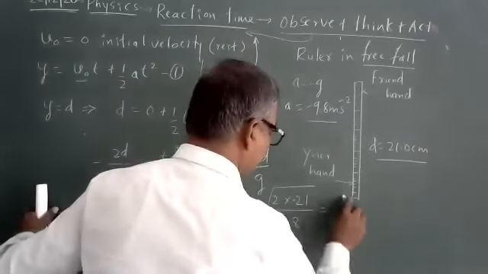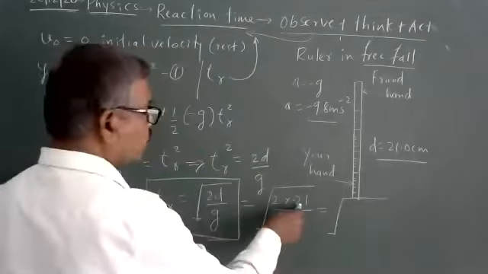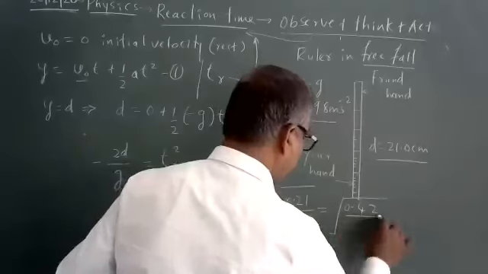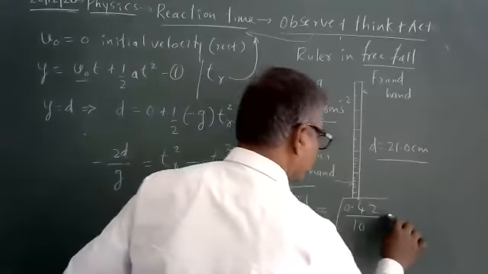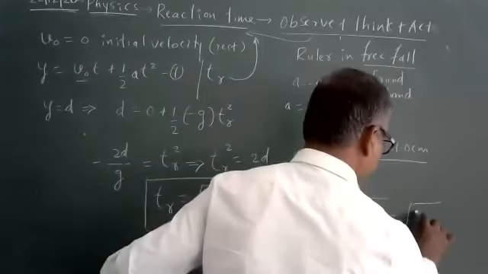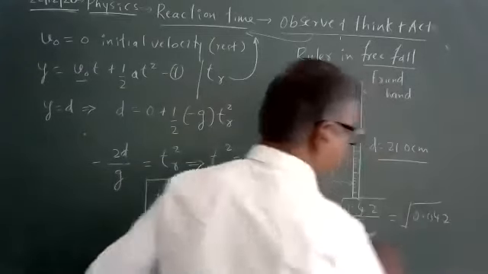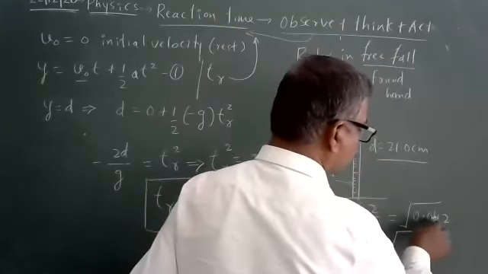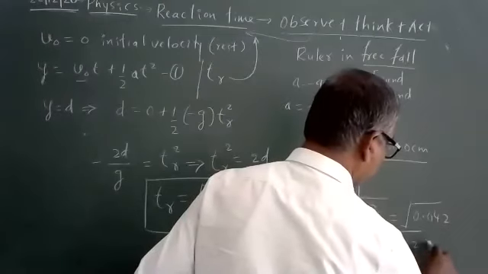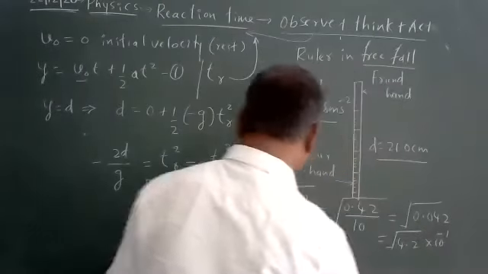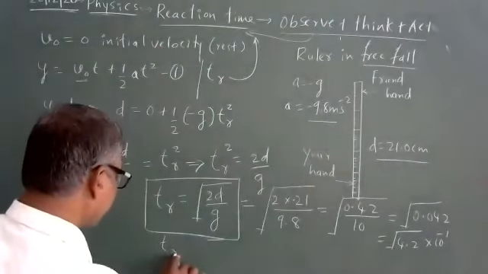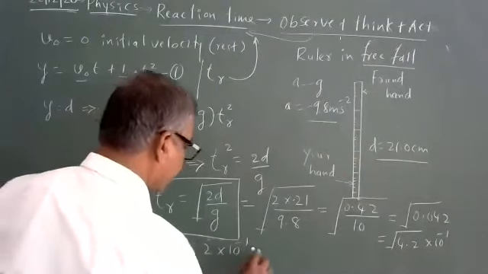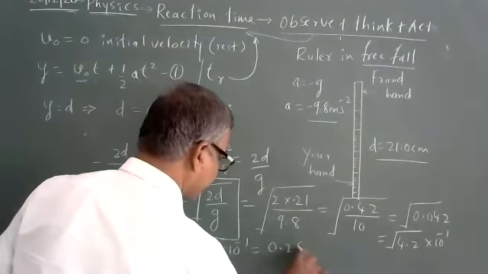It becomes the square root of 2 times 0.21 divided by 10, that is 0.42 divided by 10, or 4.2 into 10 raised to minus 1. The root of 4 is roughly 2, so the reaction time is close to 2 into 10 to the minus 1, which gives 0.2 second.